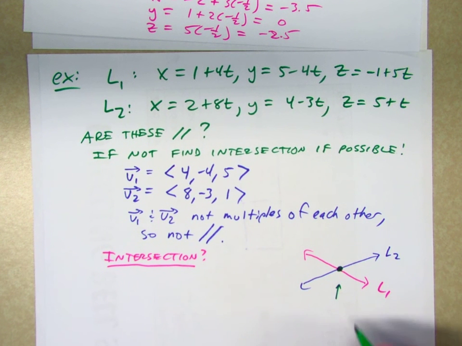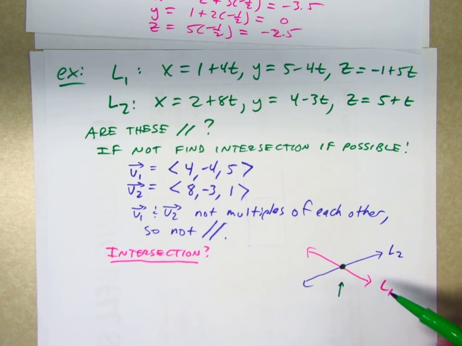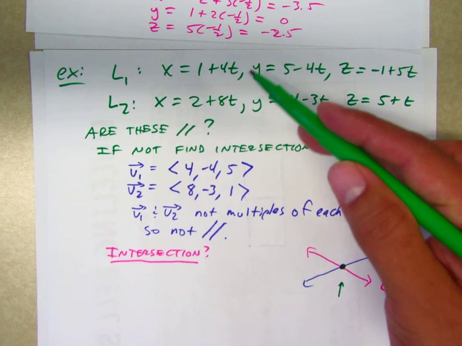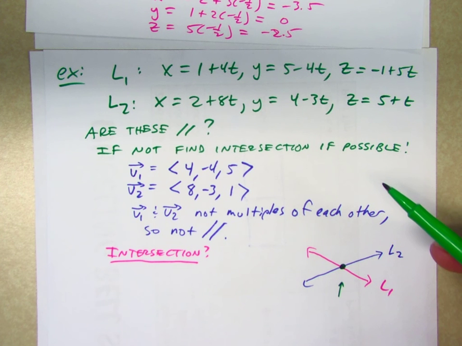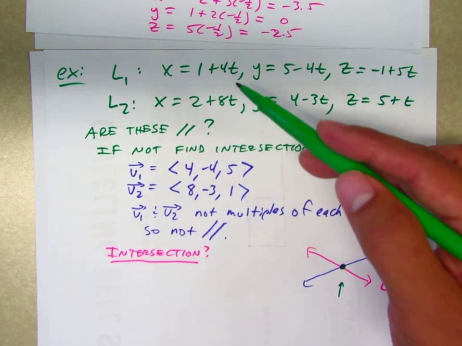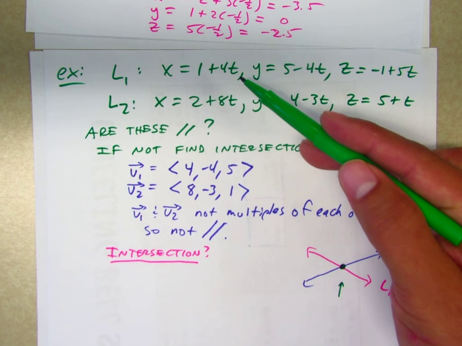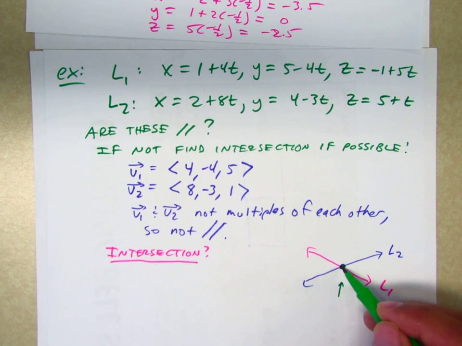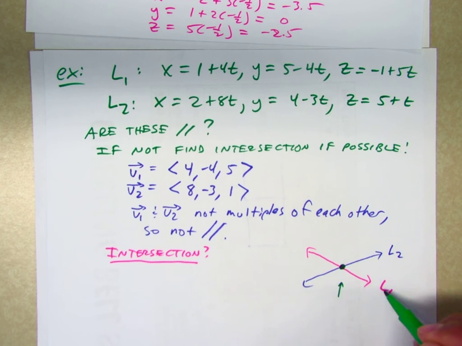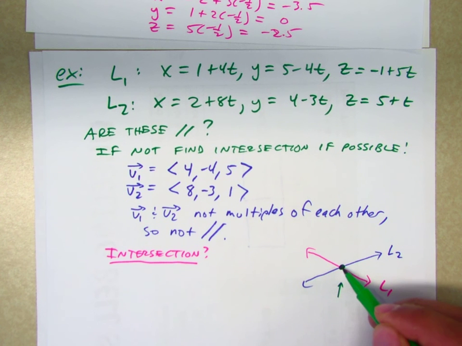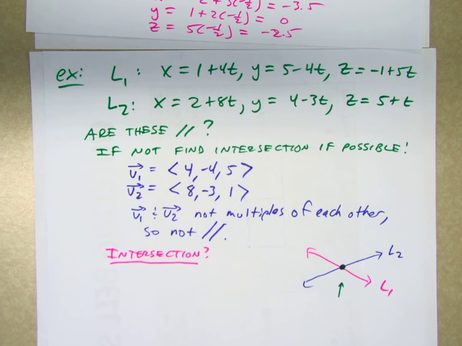If they intersect, I just want to point out that these t values do not have to match. For instance, if t equals 1, maybe I get to this intersection point on the first line, but it might happen at a different juncture, maybe t equals 3, that it hits that same location. Does that make sense? We're not asking for t to be the same, we're just asking, do these lines cross paths? And it could happen at different times.